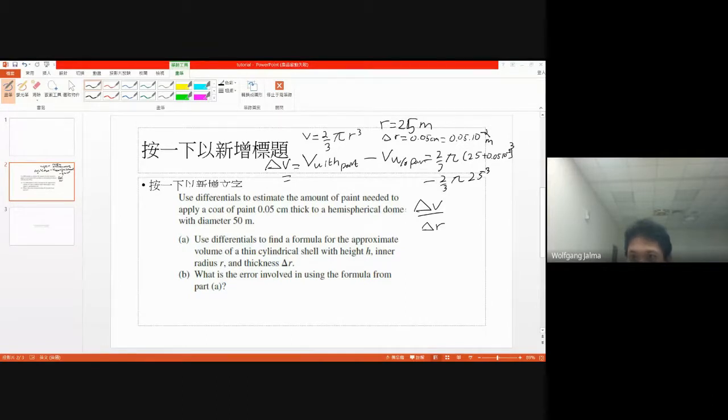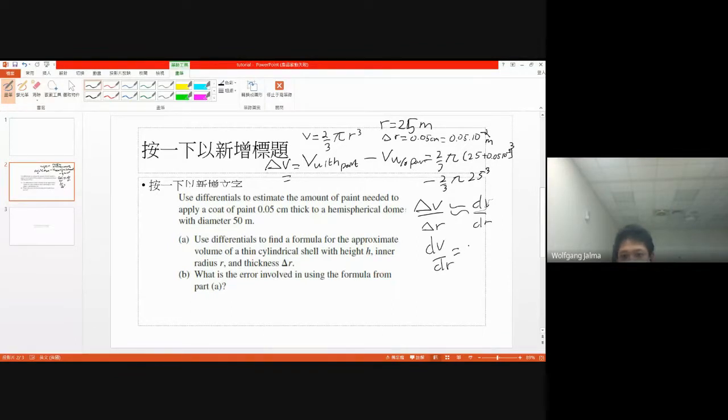Well, they don't write it in the book, but I think basically we assume that this can be approximated by dV/dR, right? We know what dV/dR is. That's quite easy.